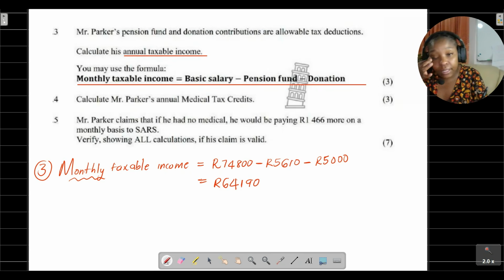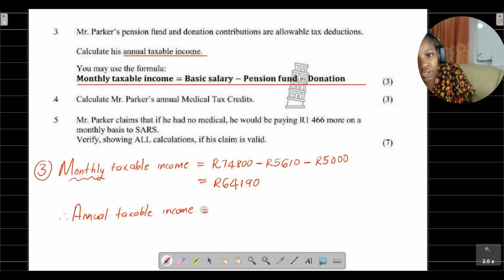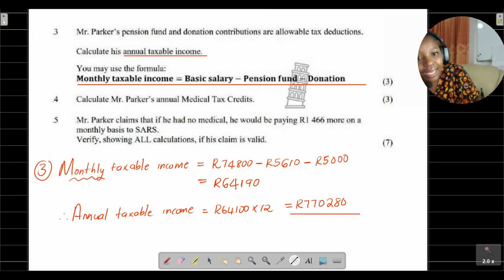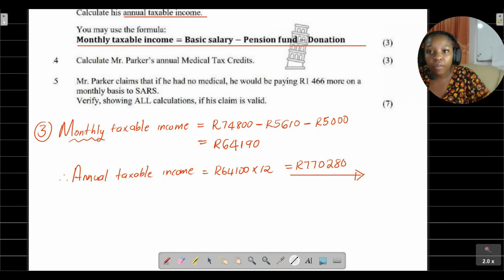But remember, they didn't just want the monthly taxable income, they wanted the annual taxable income. So therefore, we are just going to take that 64,190 multiplied by 12, and it's going to give us 770,280. So that is the annual income that we are supposed to use to calculate how much tax Mr. Parker is supposed to pay. Cool stuff.